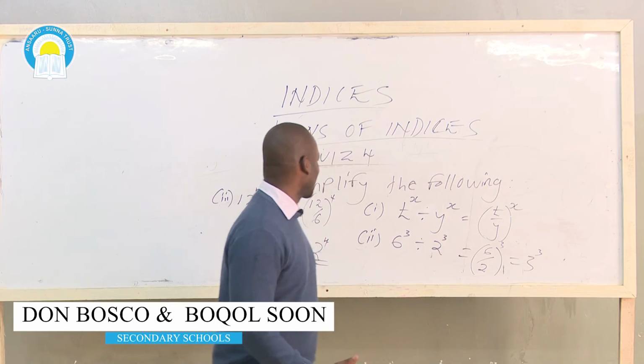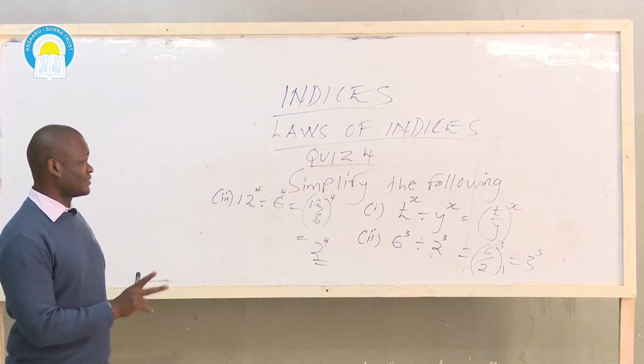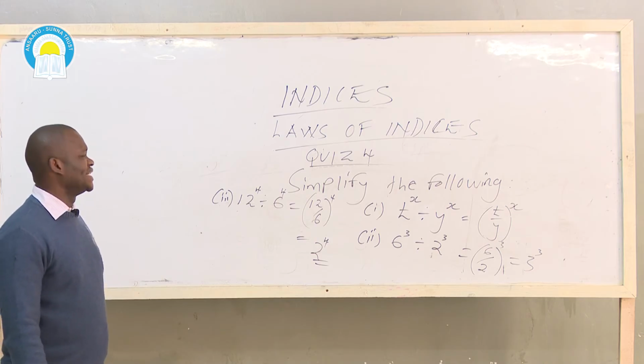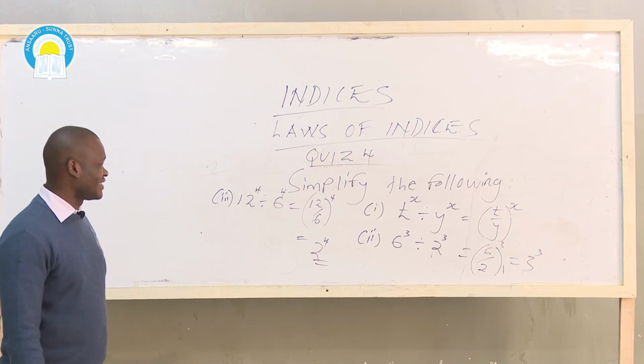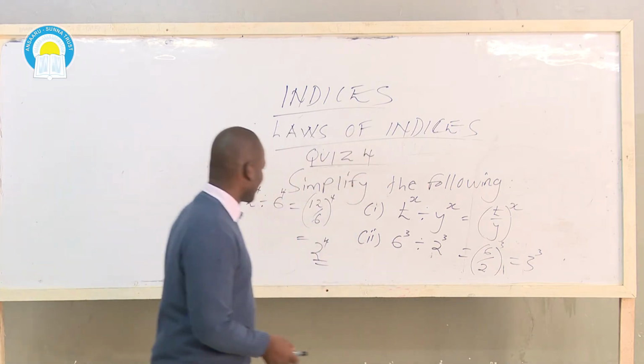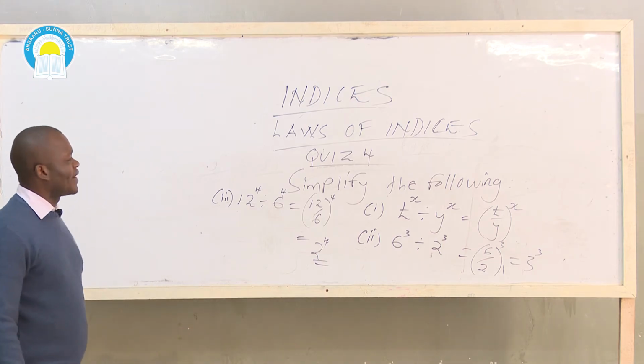And number 3, law of multiplication having same powers. And then number 4, law of division having the same power. Now, we go to our 5th law.